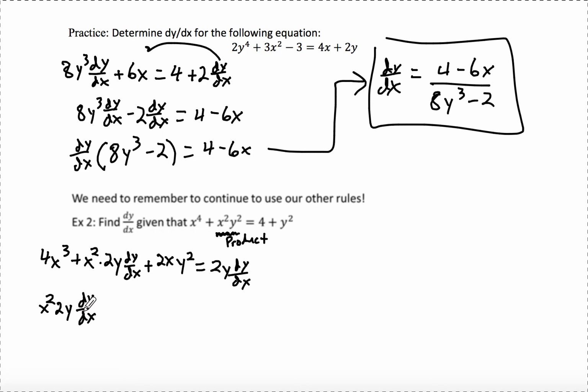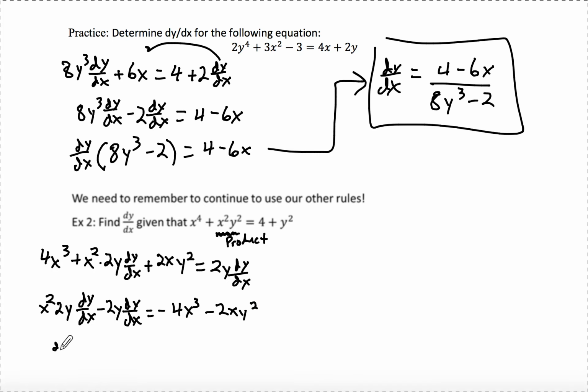I want to subtract 2y dy dx to the left. That means I'll subtract 4x cubed to the other side, and subtract 2xy squared to the right.